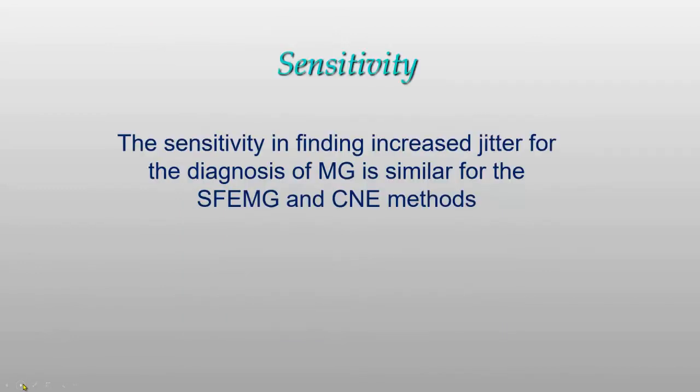One can ask about the sensitivity when we compare the diagnostic use of single fiber EMG and concentric EMG jitter. Multiple recent publications have shown that the sensitivity is very similar between the two methods.